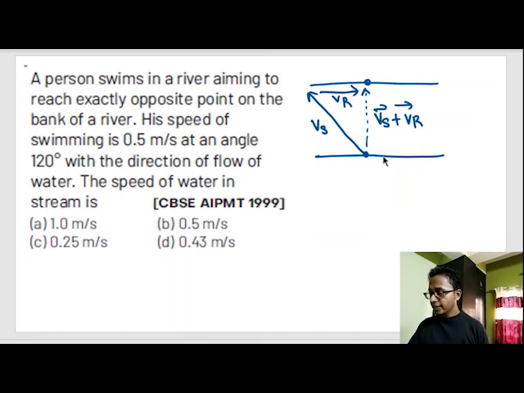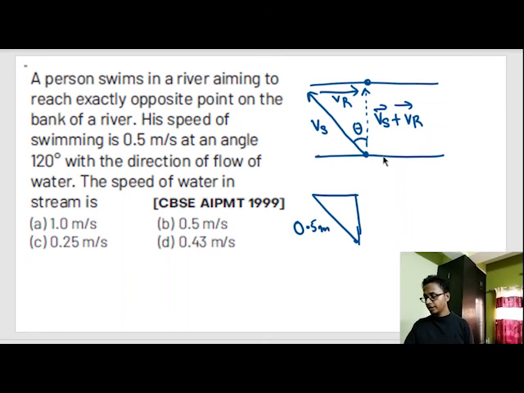Now if this angle is theta, from this triangle, let's see what is given. His speed of swimming is 0.5 meter per second at an angle of 120 degrees with the direction of flow of water.